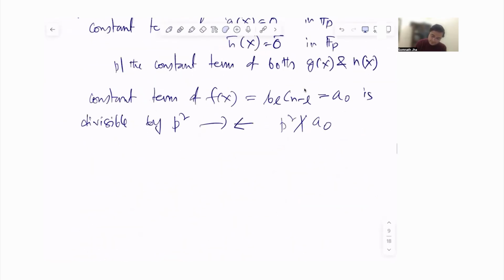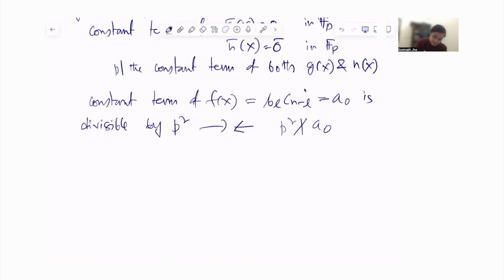So this implies that f(x) is irreducible in Z[x], and by Gauss lemma in Q[x].